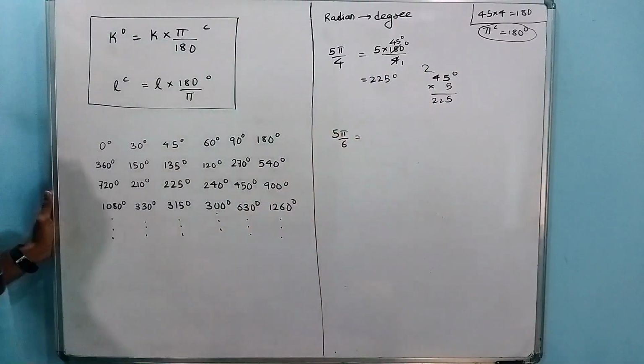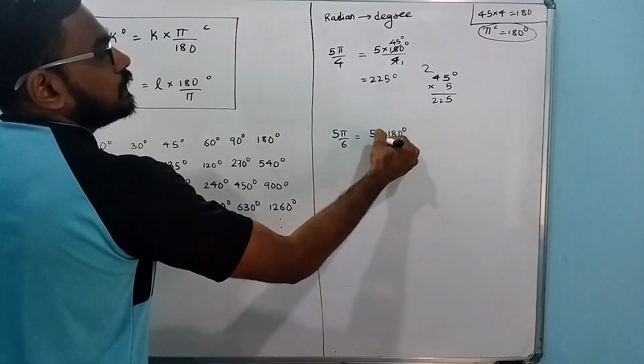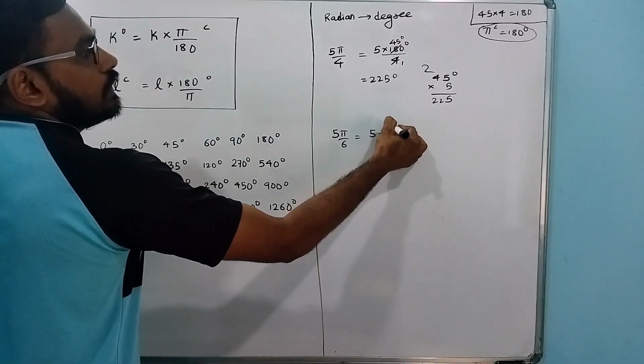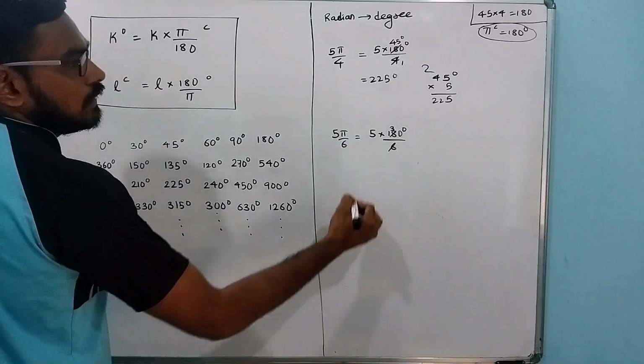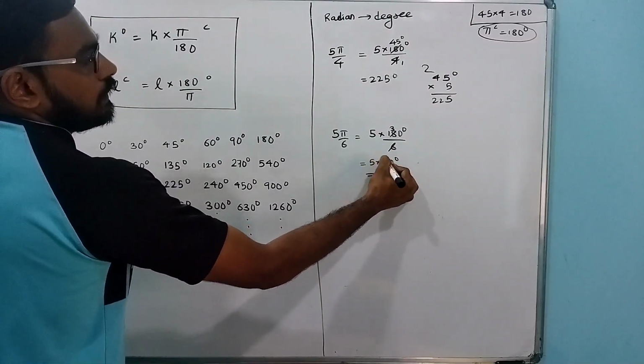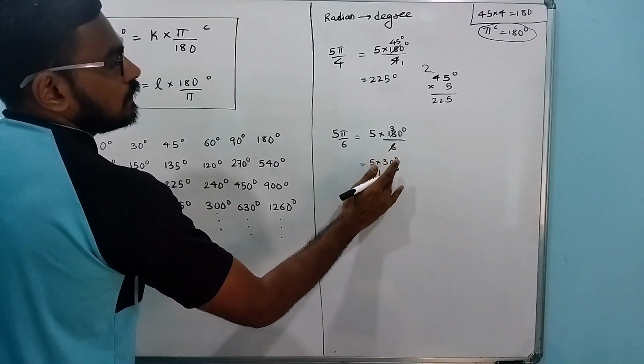Okay. Next, 5 pi by 6. So in place of pi, we can put 180 degree. So 5 into 180 degree upon 6. So 6 3s are 18. So 6 30s are 180. So 5 into 30. And 5 3s are 15. And that's 0. So 150 degree. Okay.